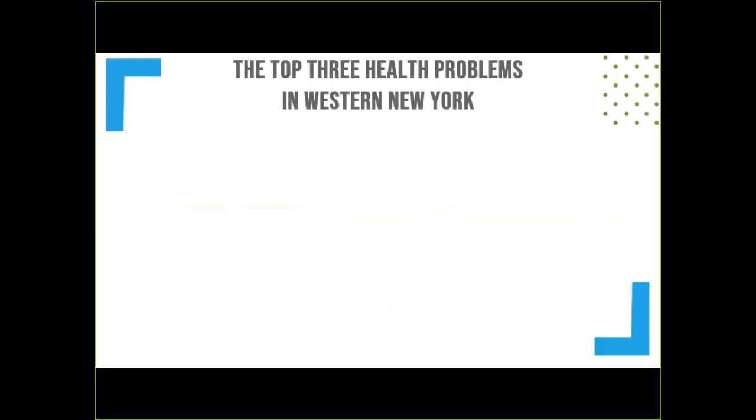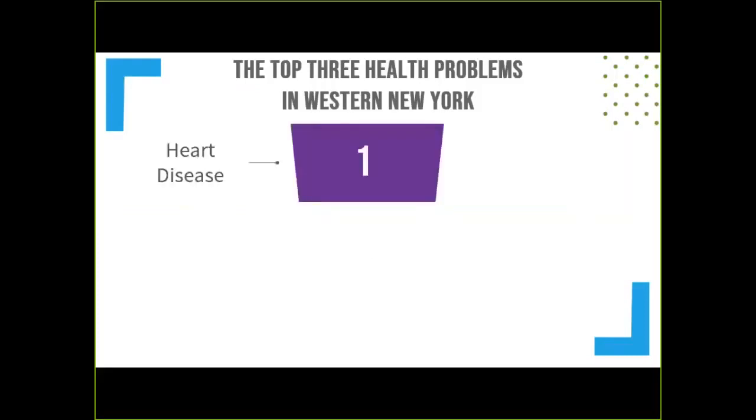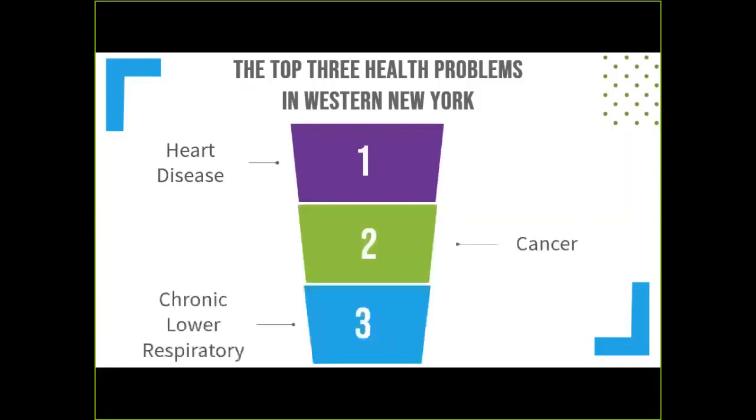Now, if we take a look at the top 3 issues facing our region, I visited the New York State website to look at the leading causes of death and the top 3 conditions facing our region. The number 1 issue is heart disease. The number 2 issue is cancer, and number 3 is chronic lower respiratory disease. So these 3 conditions are the top 3 problems that we face in our region.